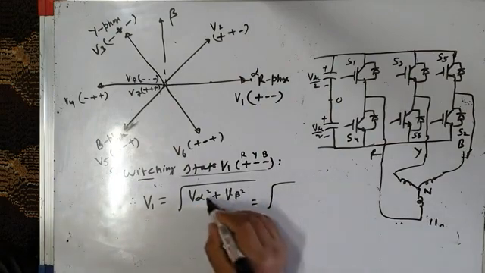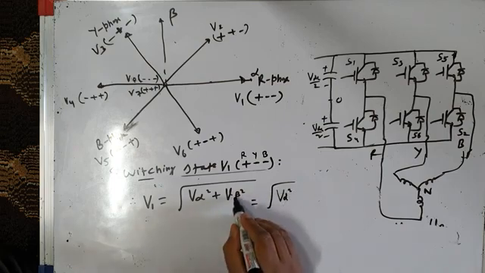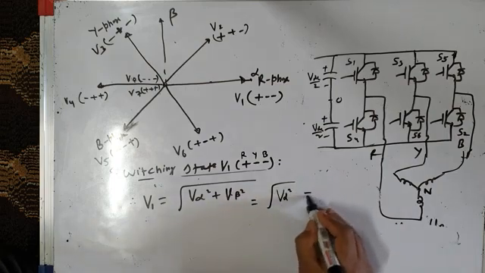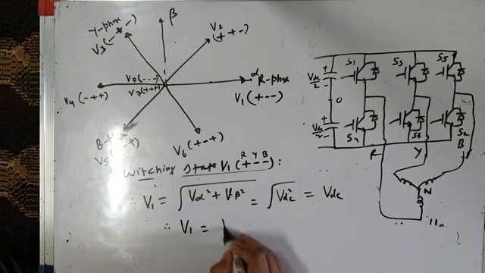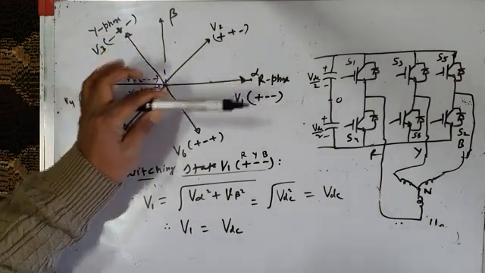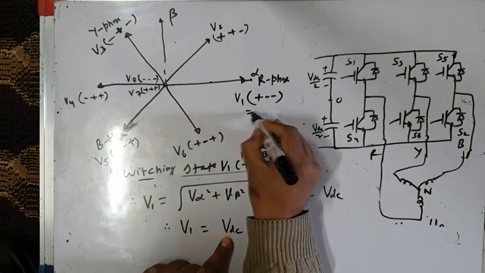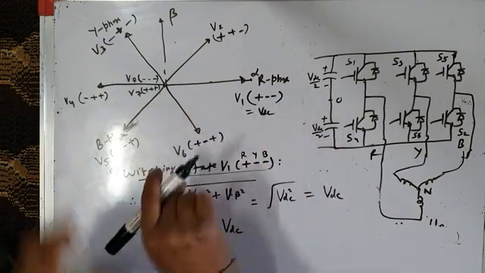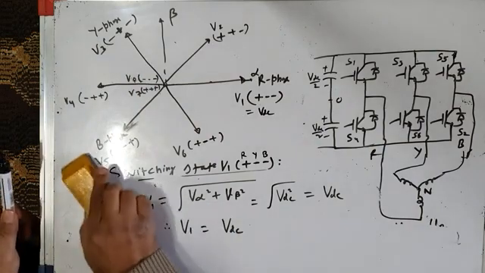Just a few moments back we found that V alpha is VDC, so it is VDC square, and V beta is 0, so I will not write that, so it is VDC. So therefore V1 voltage vector is equal to VDC. So this switching state gives me a voltage phasor which is along alpha axis and whose amplitude is equal to VDC. Its amplitude is equal to VDC, and it is along alpha axis, right? Fine.